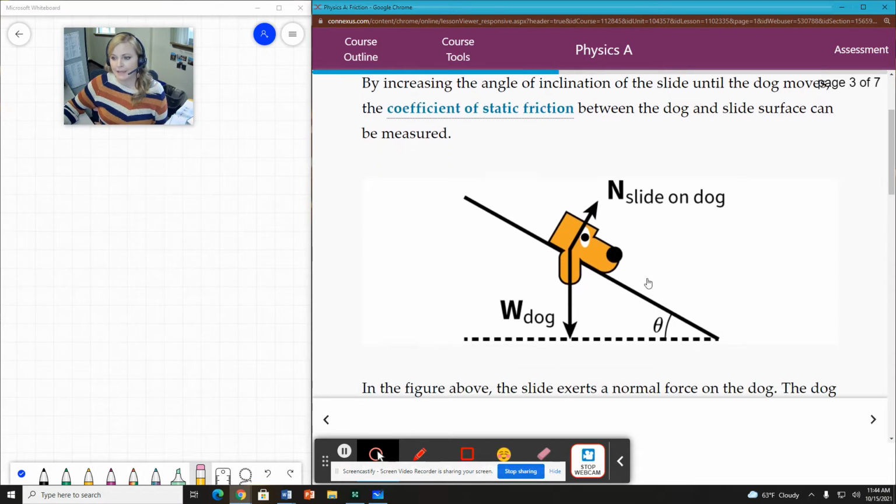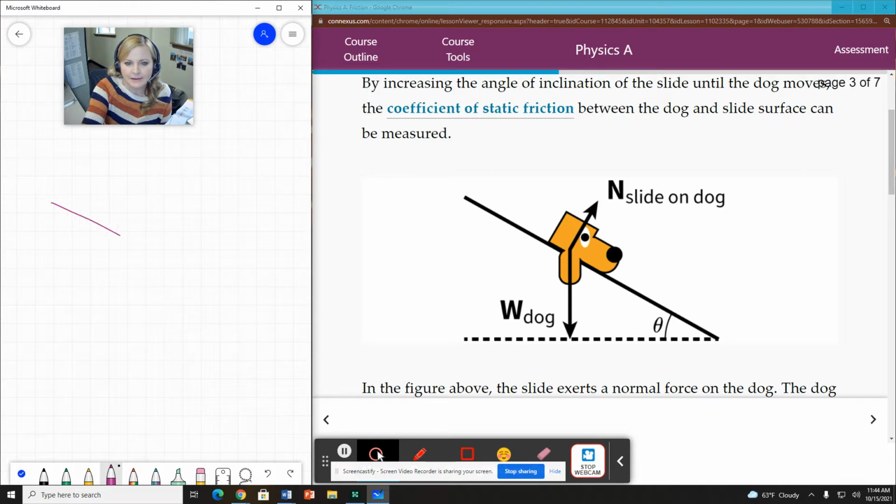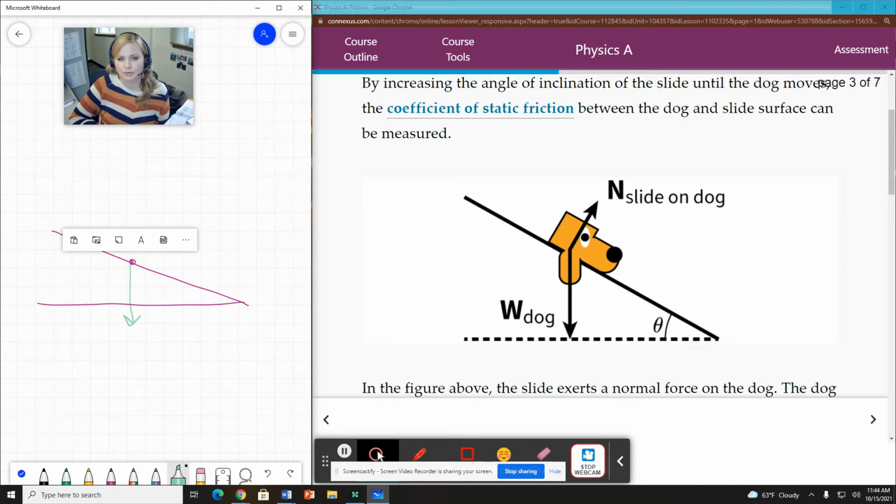So we kind of break it down into this little picture here, and I'm going to draw that over here. So we have our slide, using my grid line so that's easier for me, and on the slide is a dog. Gravity is always going to be perpendicular to the surface of the earth.